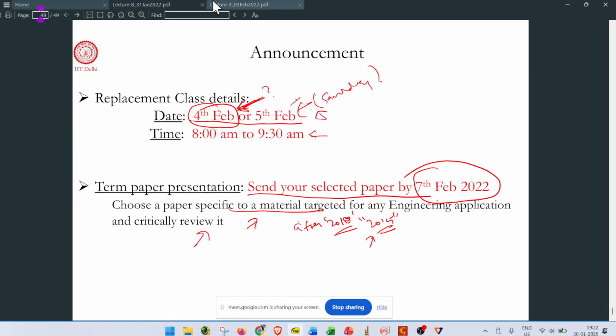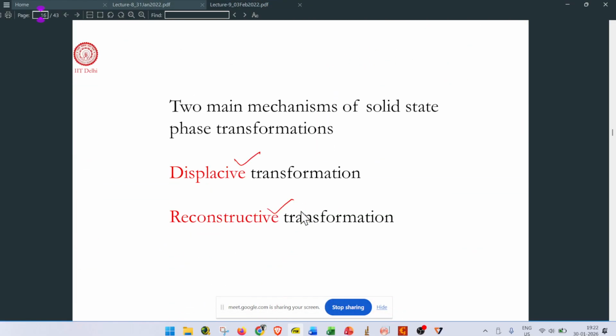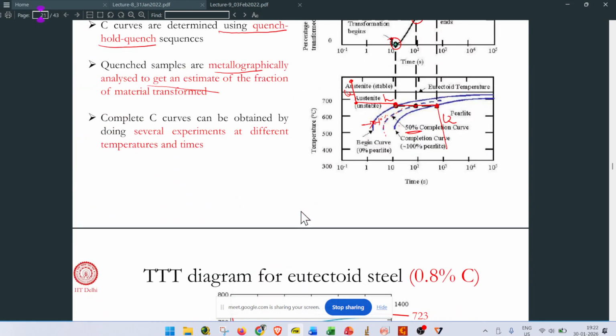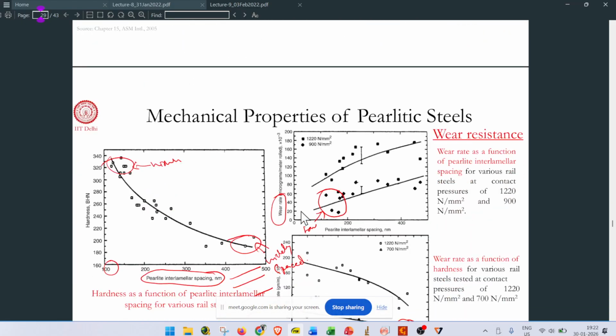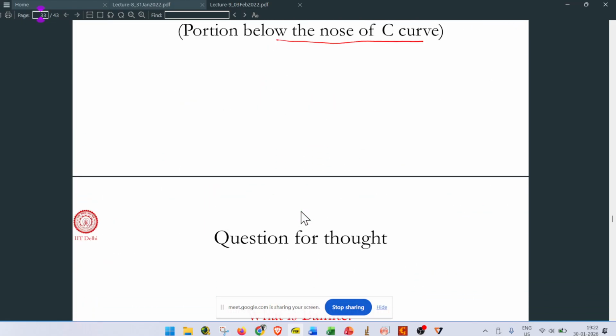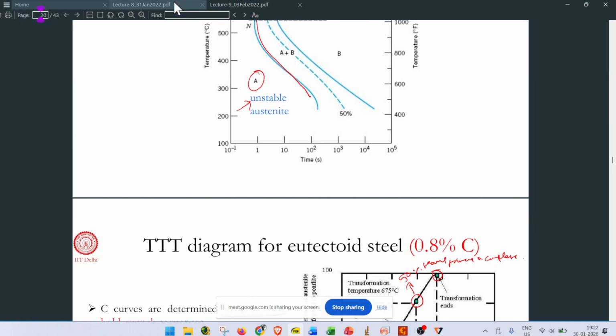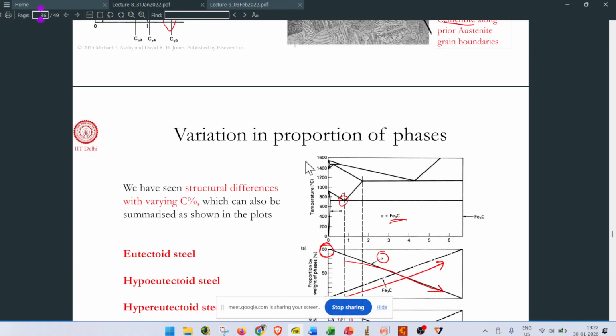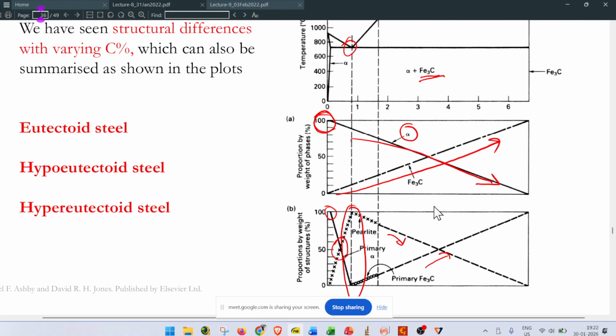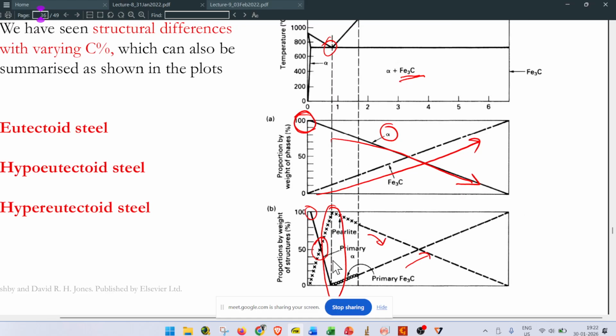Now, wait, I will show you. Here it is. You can see here: up to 0.8 percentage, the alpha phase will start decreasing and the pearlite phase will start increasing.